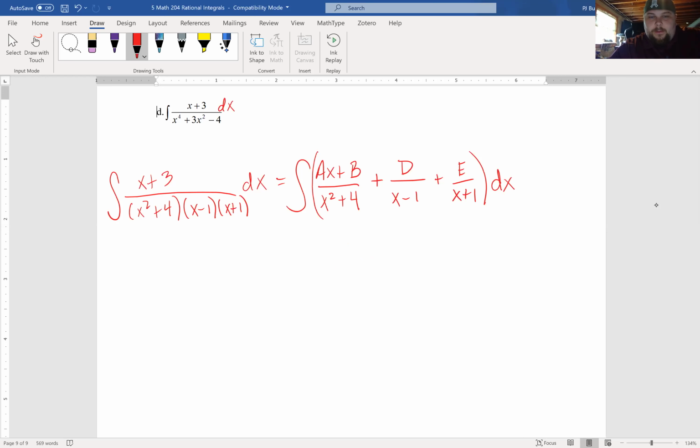All right. So now we need to get the common denominator. Again, we've already found it. It's this factored form. So the ax plus b term is missing x minus 1, x plus 1, so multiply it by both of those. The d term is missing x squared plus 4 and x plus 1.